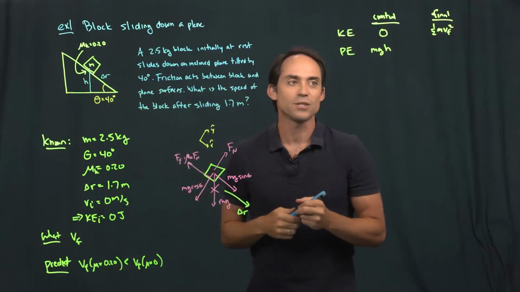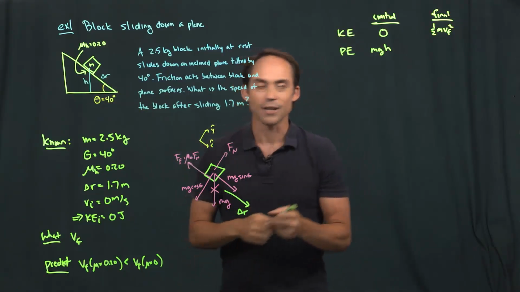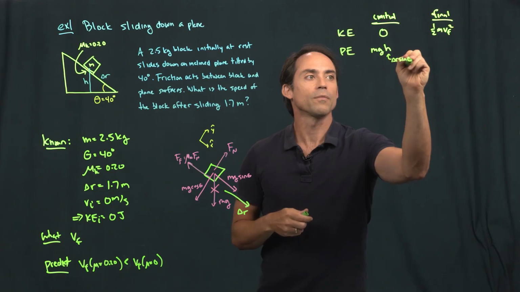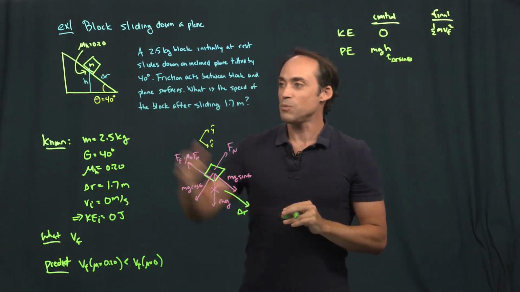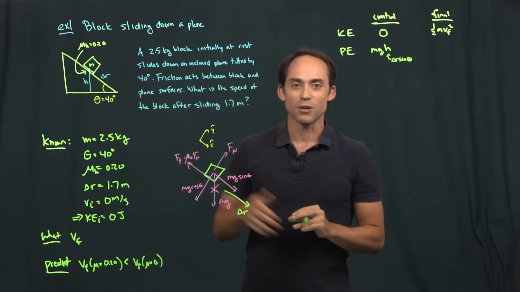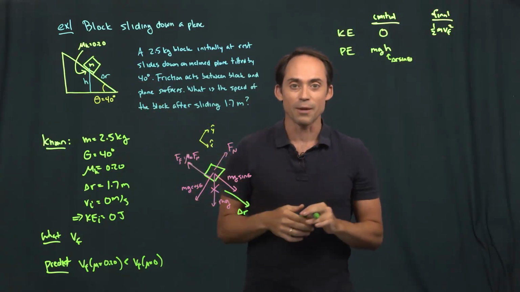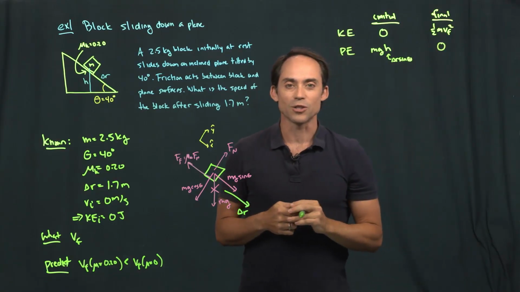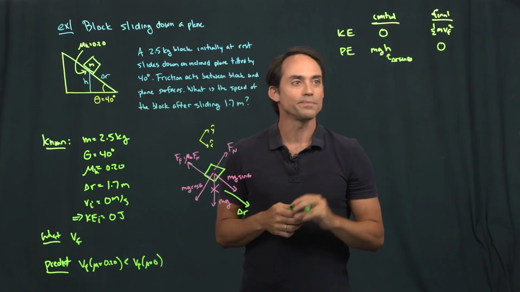So h is just delta r times sine of theta. So that gives us that number. And we assume that as it reaches down 1.7 meters, it's hit the bottom of the floor, whatever bottom part that we're going to talk about. So we'll assume that that is 0 for the potential energy when it reaches the end of its motion.